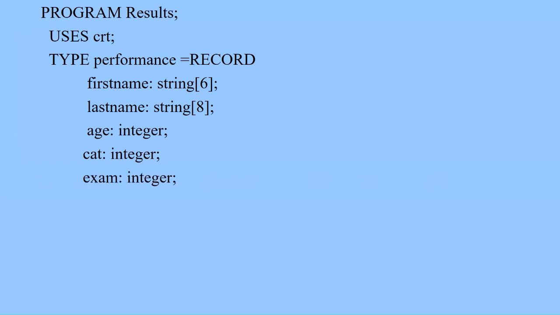First member is first name, a string or an array of char whose size should not exceed 6. Then last name is a string, or what we can call in C, an array of characters not exceeding 8. Then age of type integer, cut integer, exam integer, total integer, and that's the end.